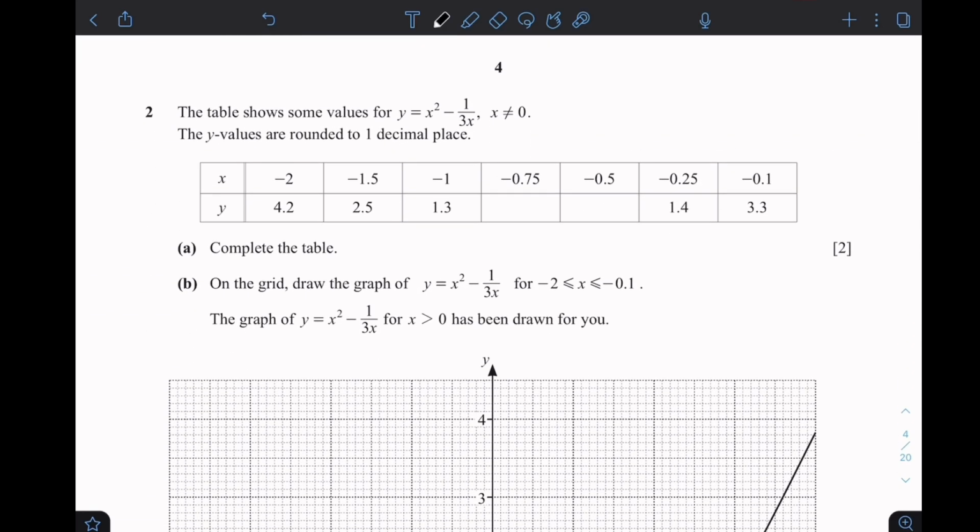So, 2a. The table shows some values for y equals x squared minus 1 upon 3x, x not equal to 0. The y values are rounded to one decimal place. Complete the table, so just substitute the value of x.